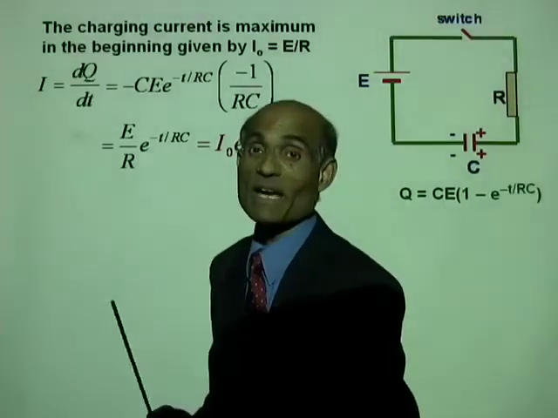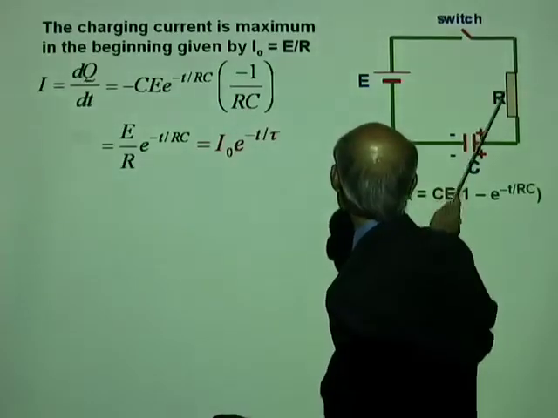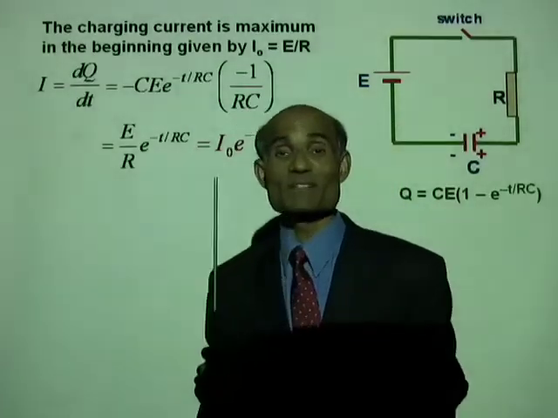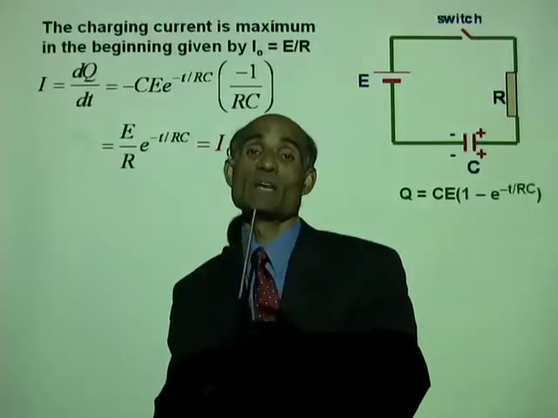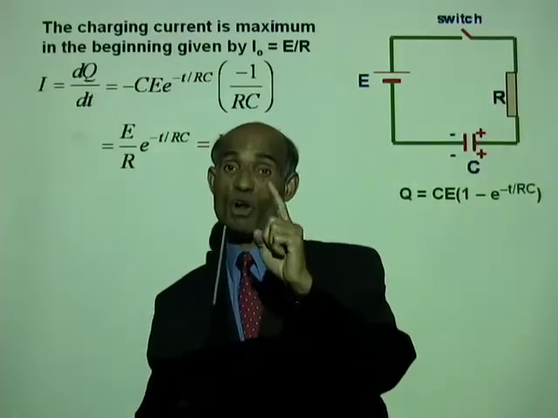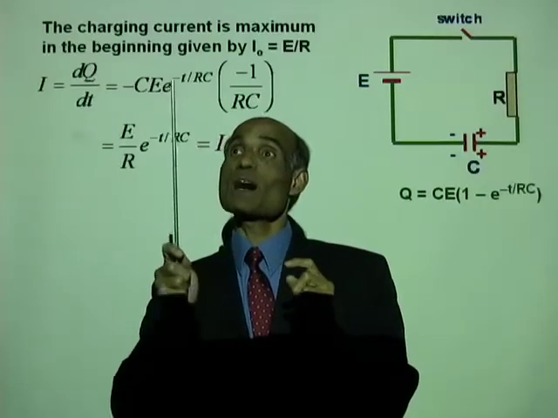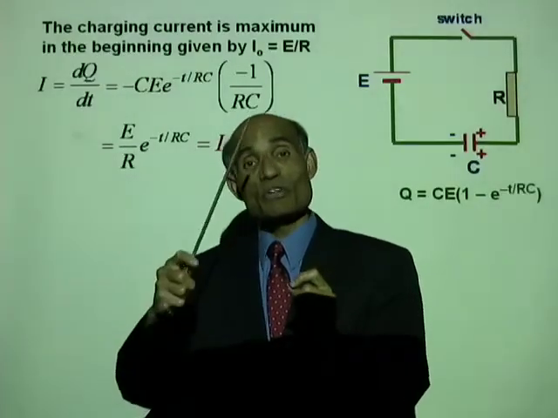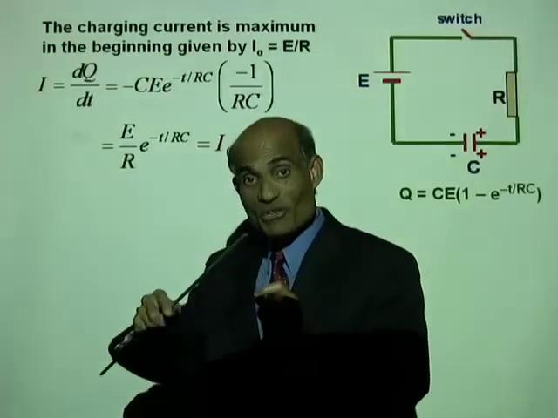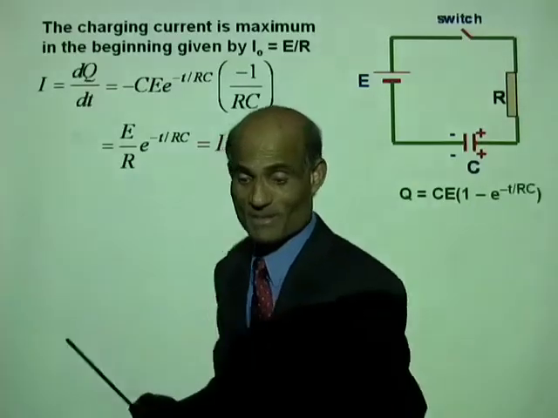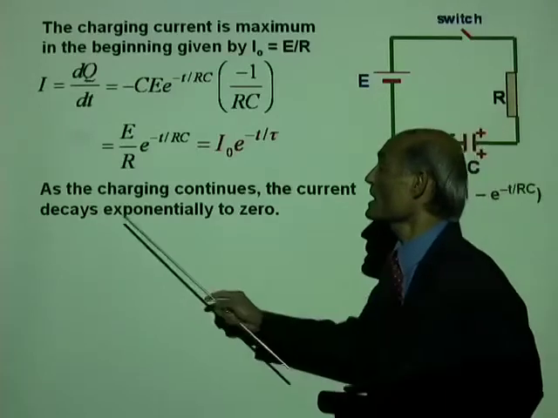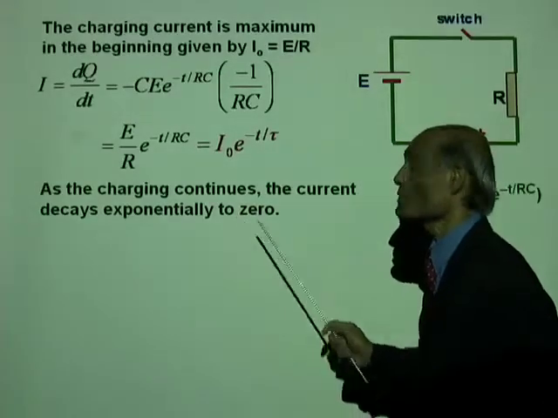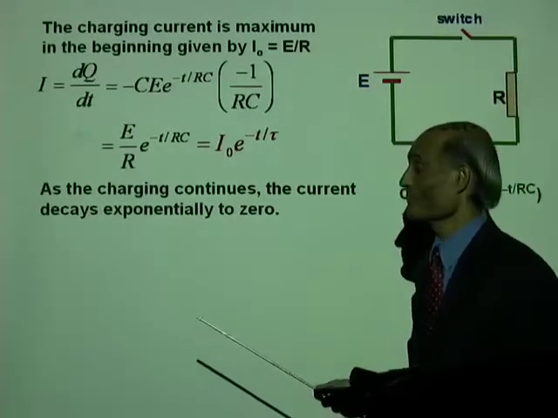So, in a resistor capacitor circuit, as the capacitor keeps on charging, the charge and the voltage increase with time, and the current will decrease with time. So as the charging continues, the current decays exponentially to 0.